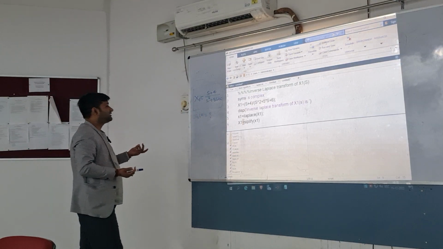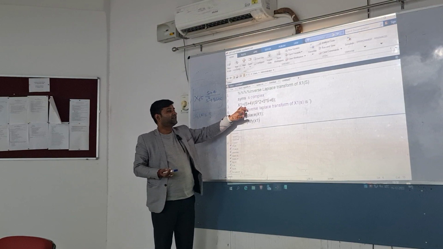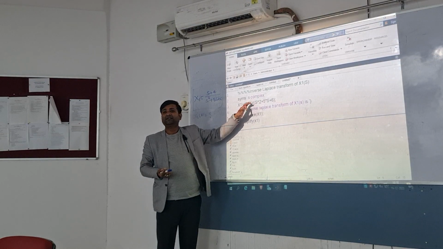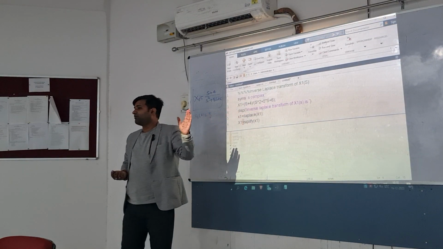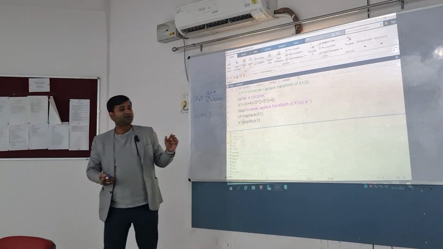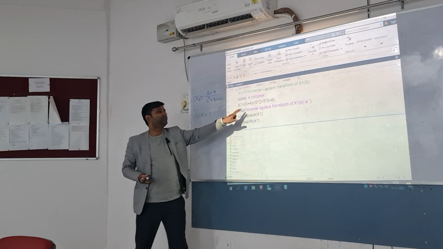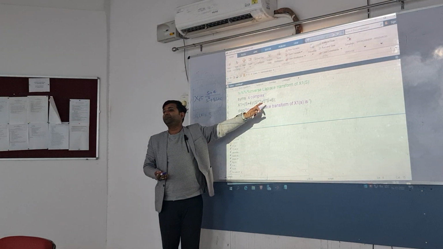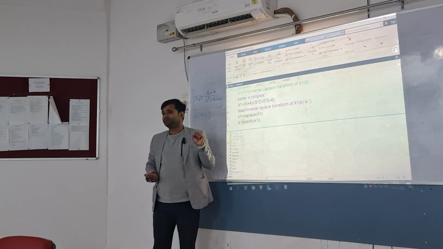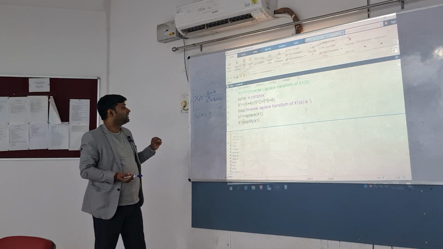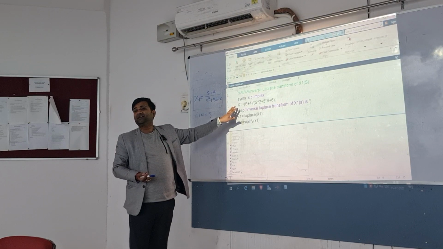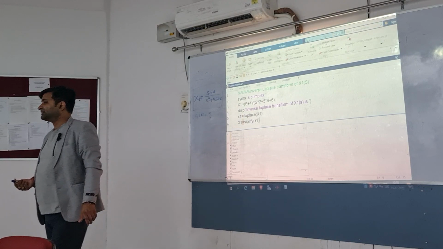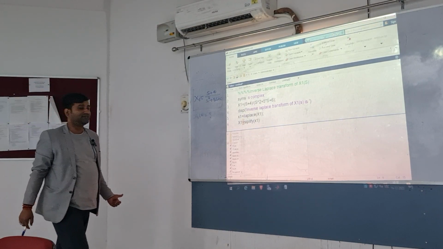Here s plus 4, you have written the addition operator. Then the division operator can be written in this form, and then s square can also be written as s cap 2, plus 5s plus 6. This is the given function. Then display the inverse Laplace transform of this given function. This is the basic command to display this function.